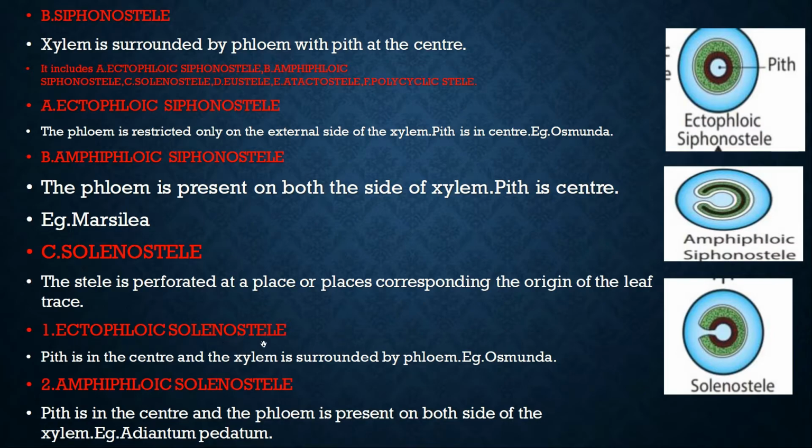In ectophloic solenostele, the pith is in the center and it is surrounded by the xylem, and xylem will be surrounded by the phloem, that is Osmunda, what we have seen already. The second one, amphiphloic solenostele, the pith will be in the center and the phloem is present on both sides of the xylem, that is Adiantum pedatum.